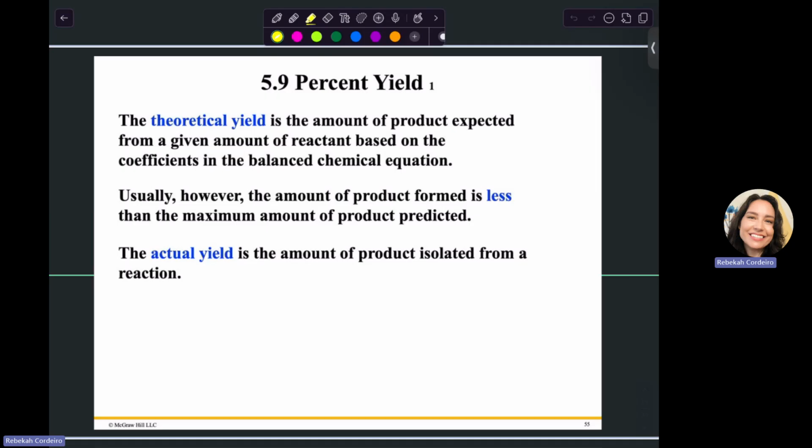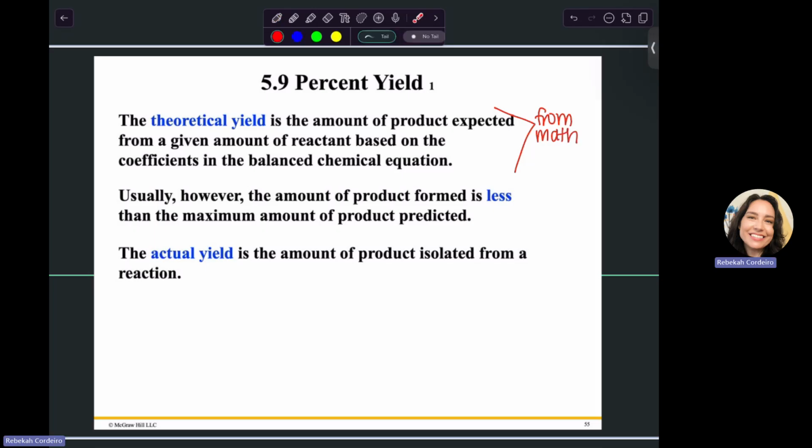First thing we're going to talk about is percent yield. Percent yield is basically how much did you make compared to how much you could have made. A theoretical yield, this is what we've been calculating. It is the amount expected, from the math.